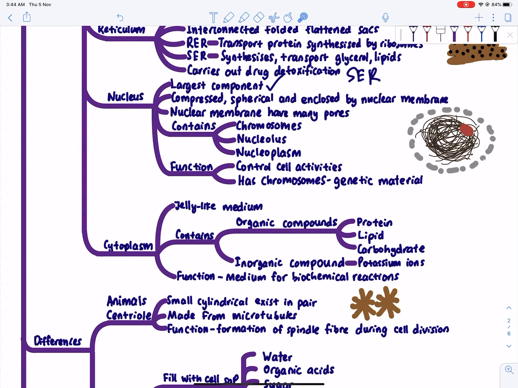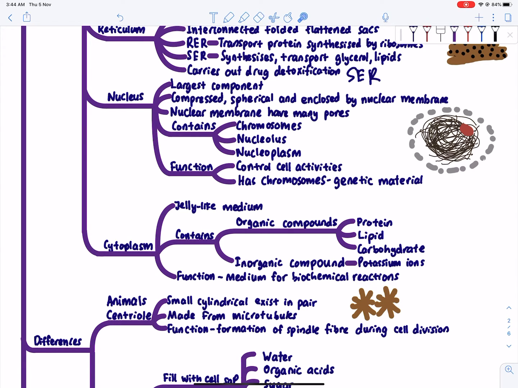One of the biochemical reactions that happens in the cytoplasm is the breakdown of glucose. That glucose will break down, becoming pyruvate before entering the mitochondria. That chemical process happens in the cytoplasm.